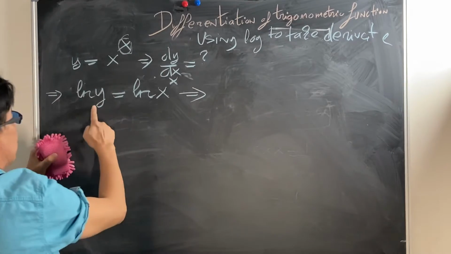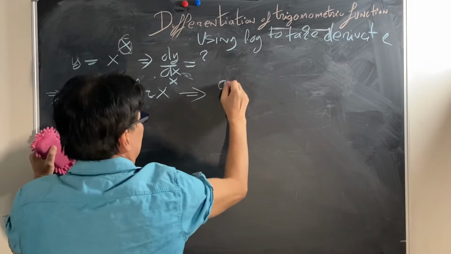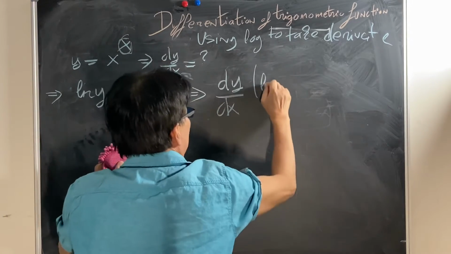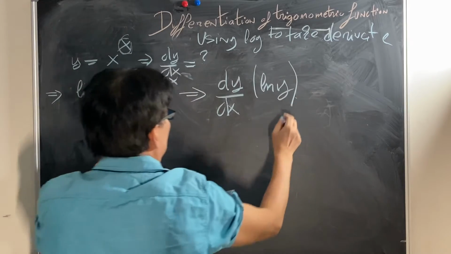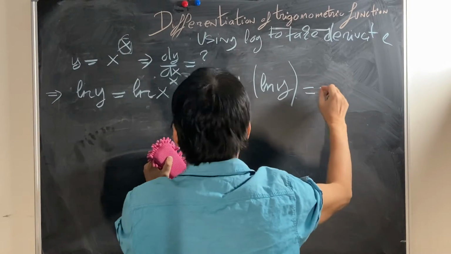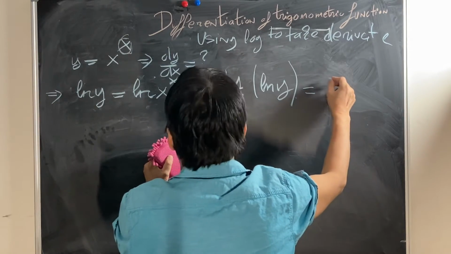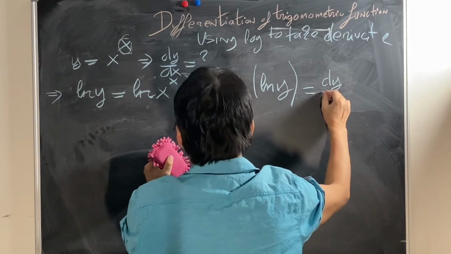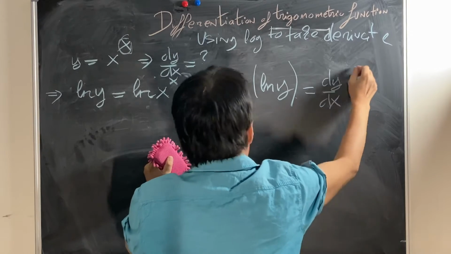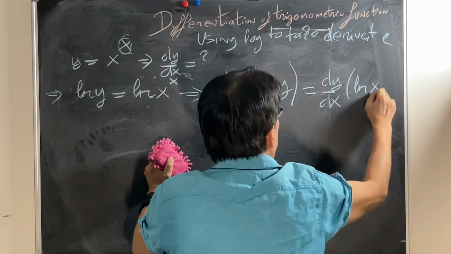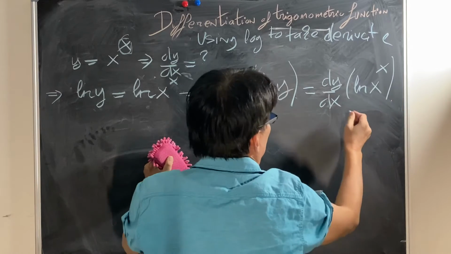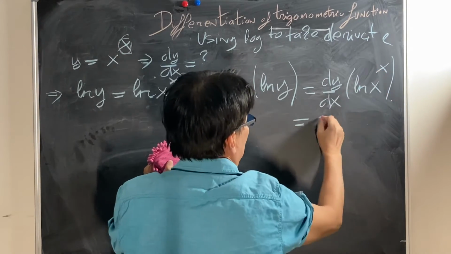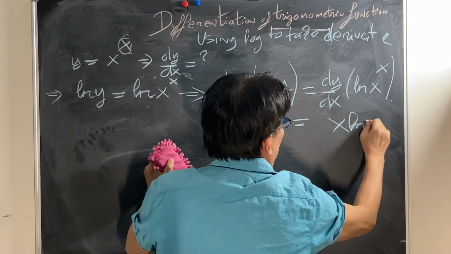Then from here you take the derivative of both sides. So take d over dx of ln y equals d over dx of x ln x.